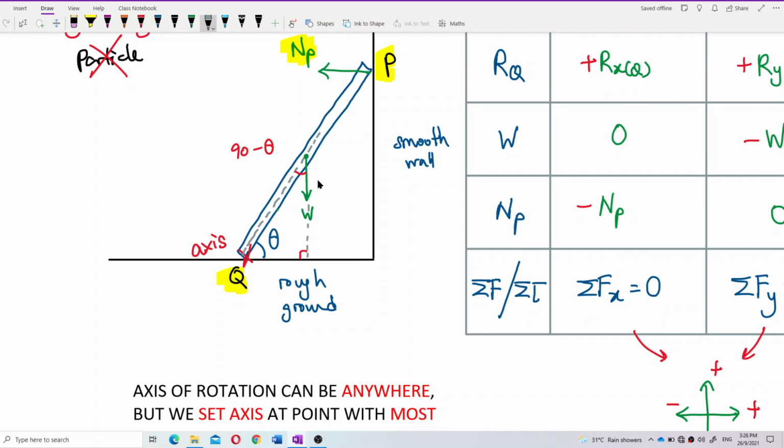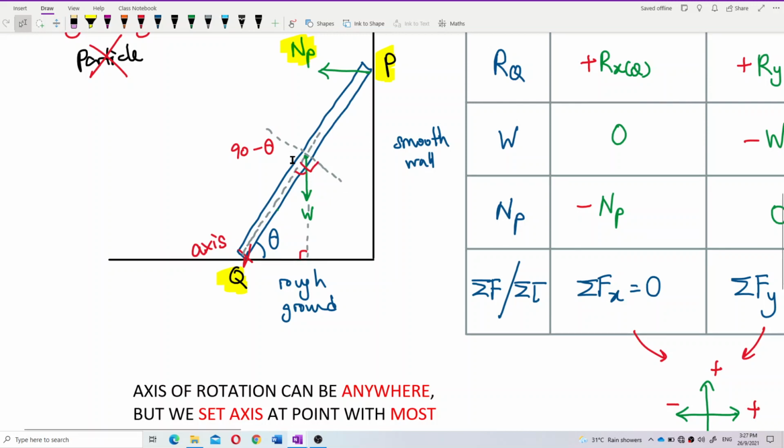Since we want to find the perpendicular component to the beam, you can see this is like the parallel and perpendicular, like x and y components. So this is also 90 degree, isn't it?